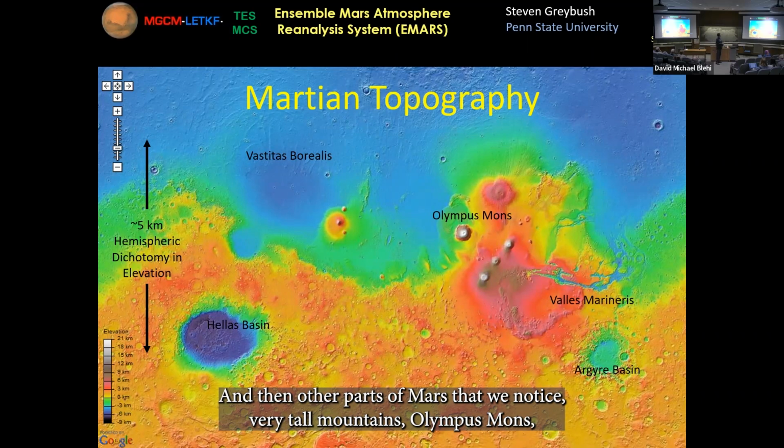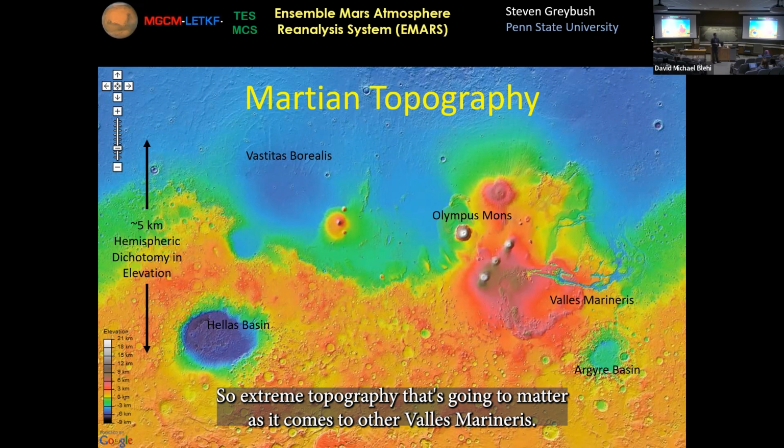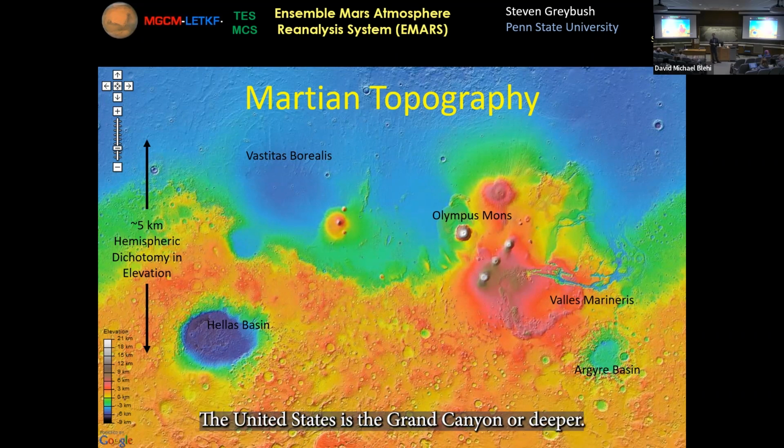And then other parts on Mars that we notice, very tall mountains, Olympus Mons. This is 3 times the height of Mount Everest. Okay? So extreme topography, that's going to matter as it comes to weather. Valles Marineris, right? The width of the continental United States, as deep as the Grand Canyon or deeper. Okay?